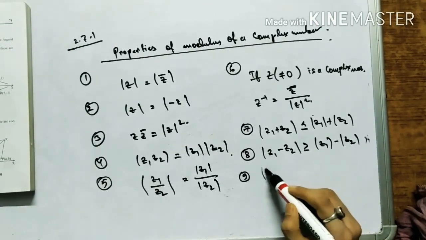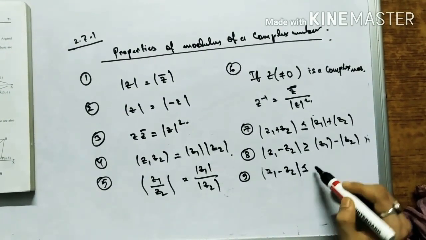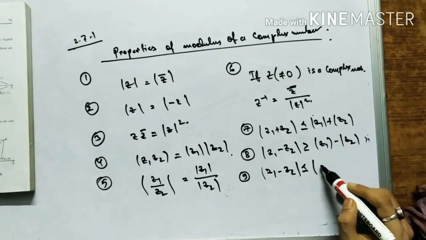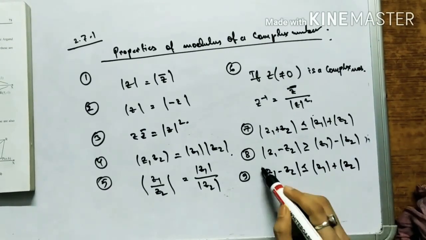And next, modulus z1 minus z2 is less than or equal to modulus z1 plus modulus z2.